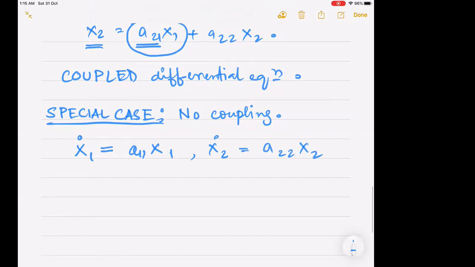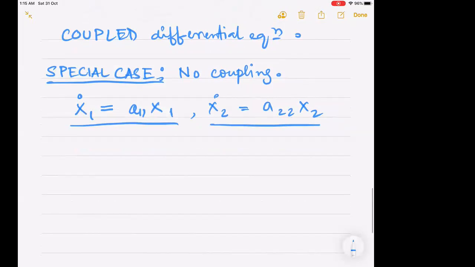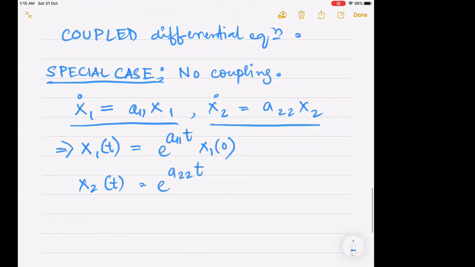This equation involves only x1, this equation involves only x2, and I could just use my earlier knowledge and say that this is just a scalar situation, and it's going to be x1(t) equals e to the power a11 t times x1(0), and the second would be x2(t) equals e to the power a22 t times x2(0). That's it. Although it's a second order system, it's actually first order equations in disguise. I've just written them together to complicate things; I could have written them separately without any issue.